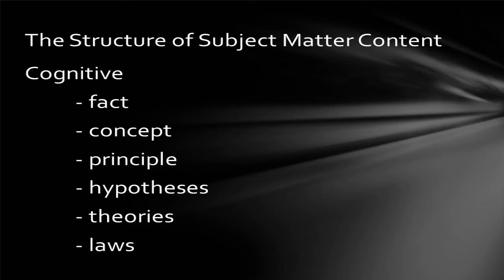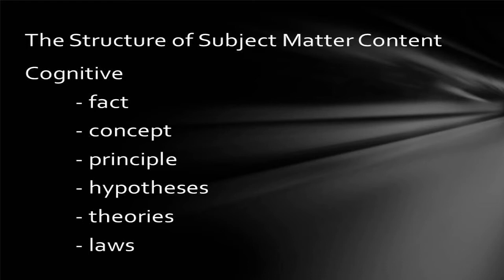So, those are factual information. And then we have concept. What is a concept? It's a categorization of events, places, people, and ideas. For example, the concept furniture includes objects such as chairs, tables, beds, and desks. So, it's like a general term for specific terms.